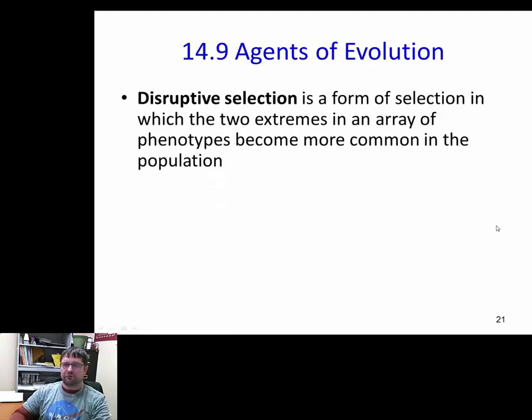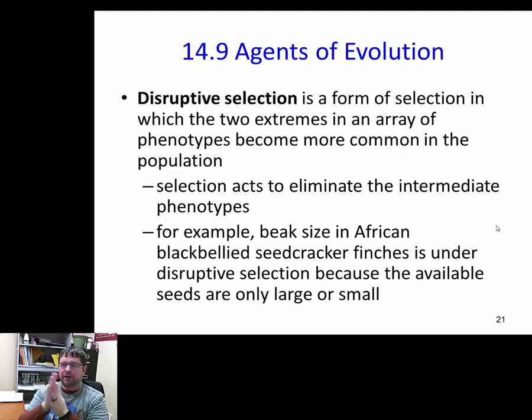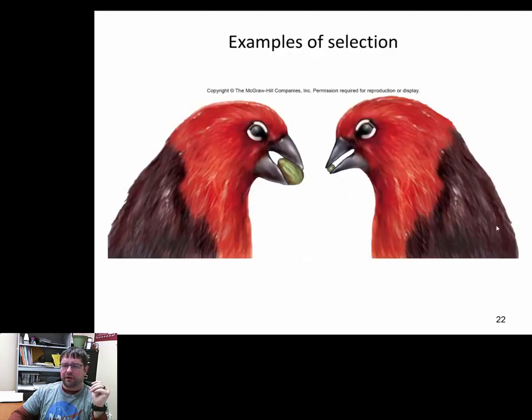All right, disruptive selection. So you're selecting for the two extremes and nothing in between. So there's no middle ground. And like I said, this often happens with the bills of birds. And this happens with the Galapagos finches in many cases. But we also have good examples of African black-bellied seed crackers, and they're going through the same example.